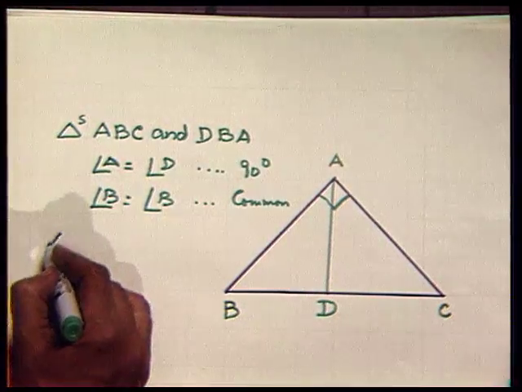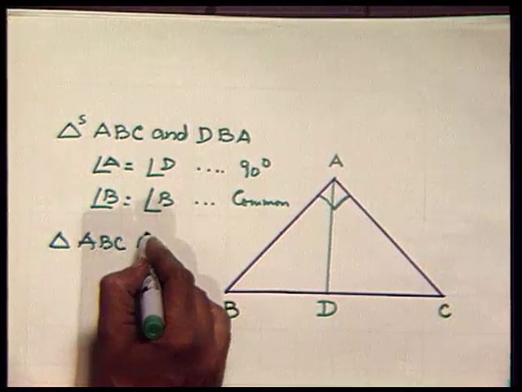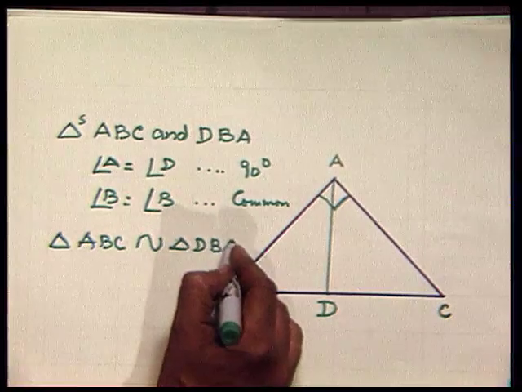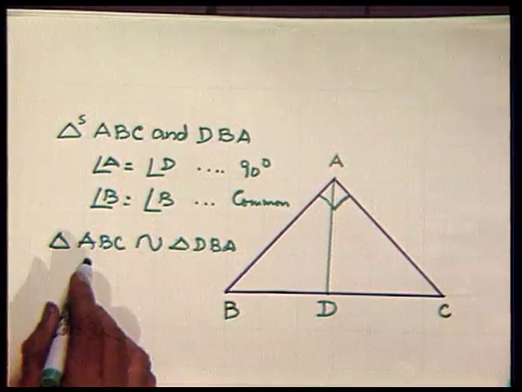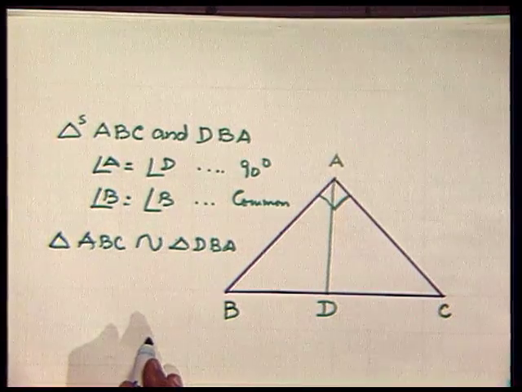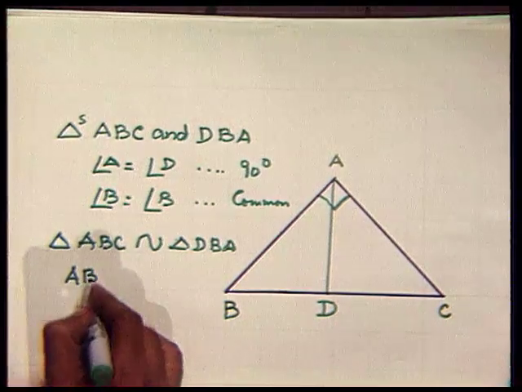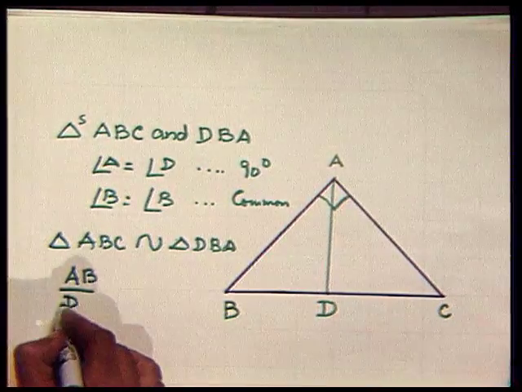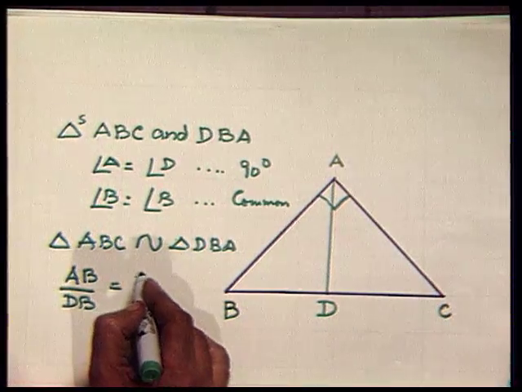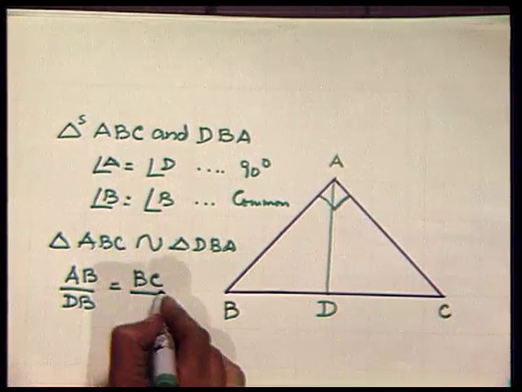So, therefore, triangle ABC is similar to triangle DBA. Since the triangles are similar, their corresponding sides must be proportional, that is AB upon DB is equal to BC upon BA.